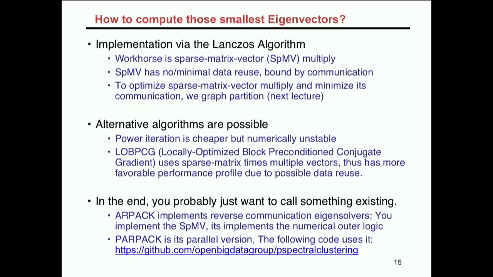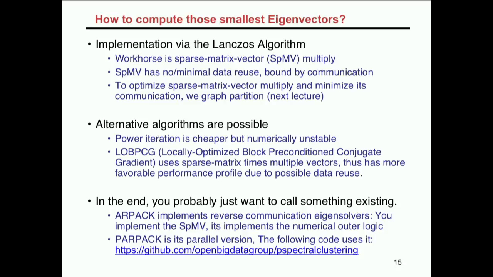It's an iterative algorithm where the inner loop, the expensive part, is the sparse matrix vector multiplication, which we know has minimal data reuse. We have already seen sparse matrix vector multiply issues. It's less than 10% of the peak. In fact, it might have dropped with the peak increasing and the bandwidth not catching up. And to optimize this and minimize communication, we do graph partitioning. So there's a little bit of chicken and egg.